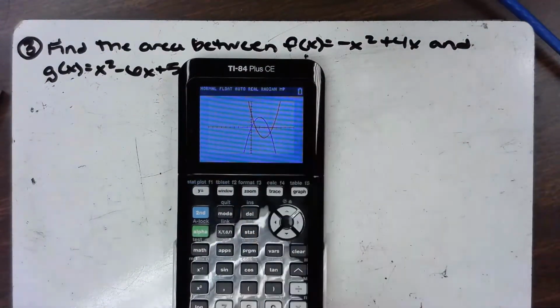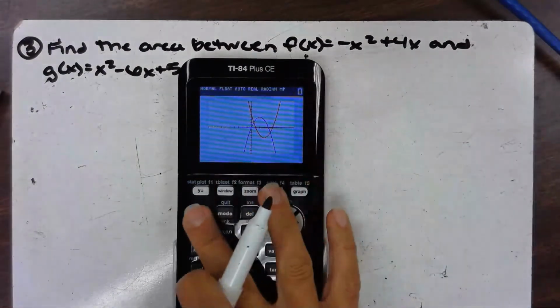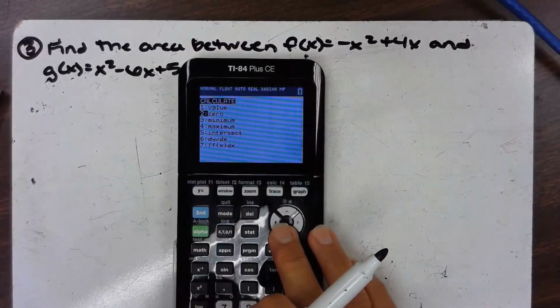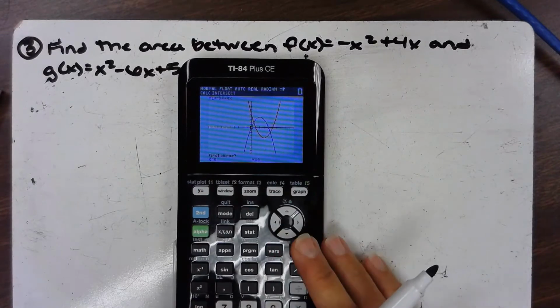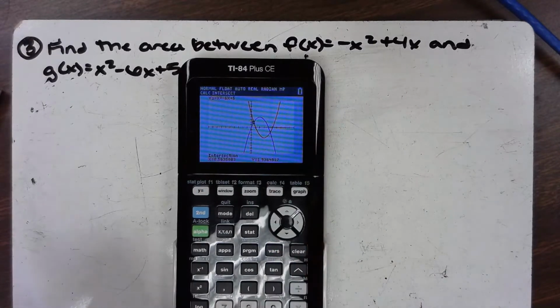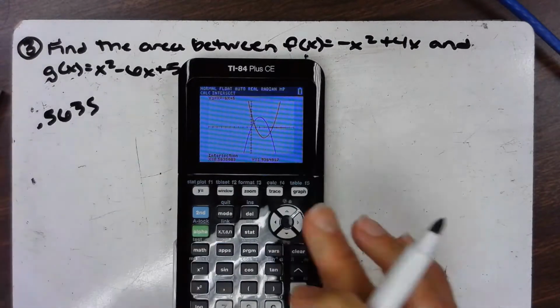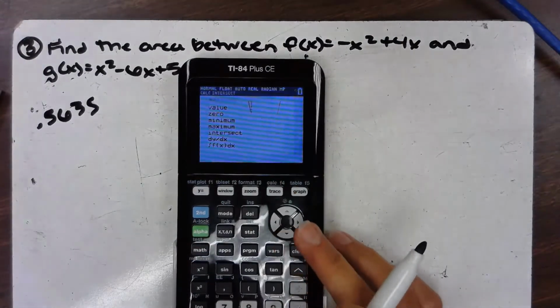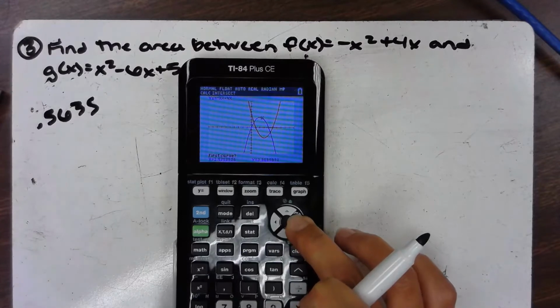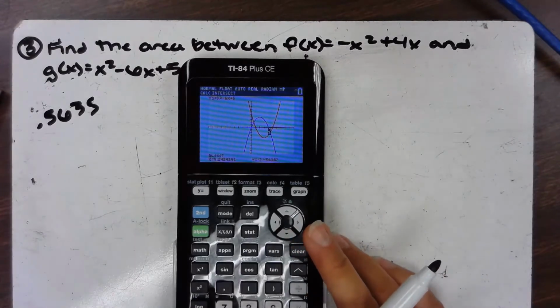Now, I already know that one intersection point. I need to find the other intersection. If you need to recall both of them, we say second trace, 5 for intersect. So the one intersection's at 0.5635, and then the other, second trace, 5 for intersect, 1, 2, 3.